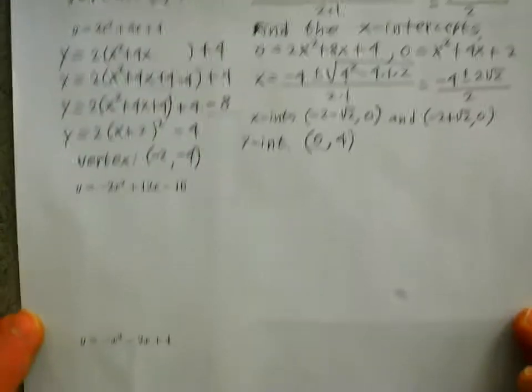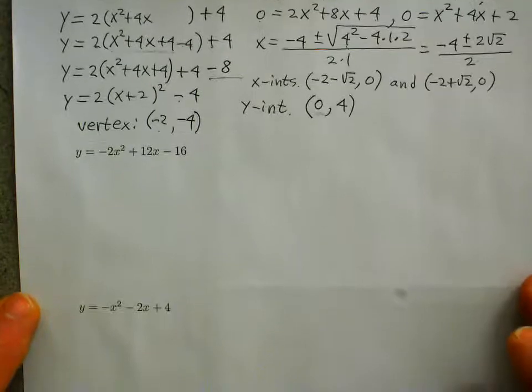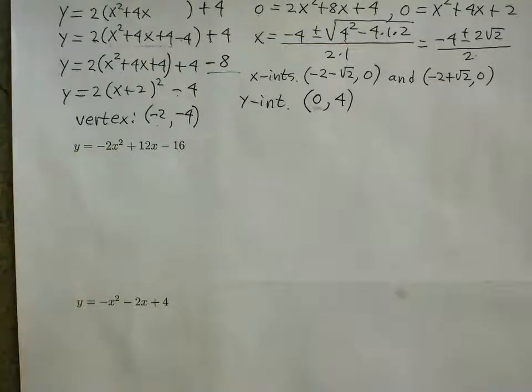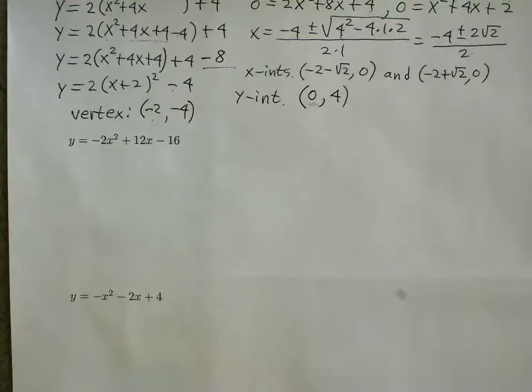Okay, the next one, y equals -2x squared plus 12x minus 16. Let's get this into vertex form.